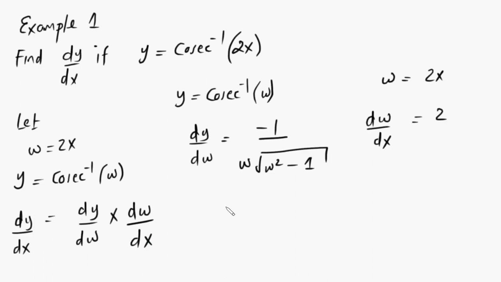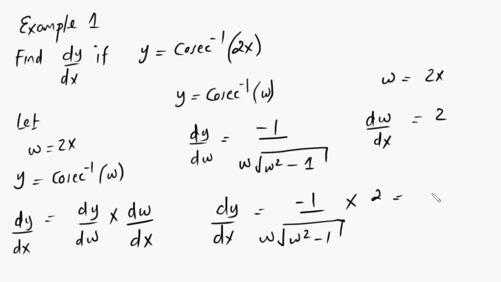So from the chain rule now, my dy dx will be equal to dy dw, which is negative 1 over w times the square root of w squared minus 1, times 2. So it's just going to be equal to negative 2 over w, remember it's 2x, so instead of that I put 2x, times the square root of, so 2x squared is 4x squared minus 1.